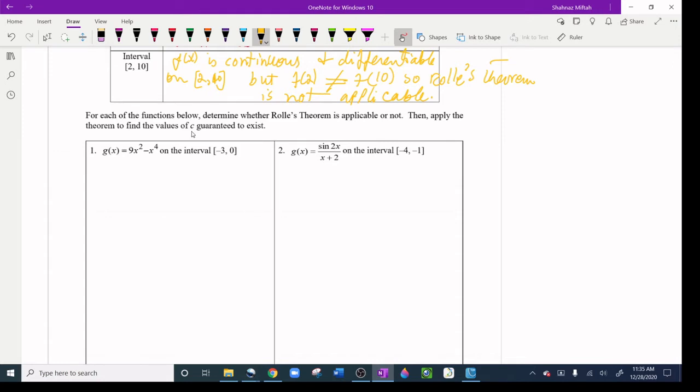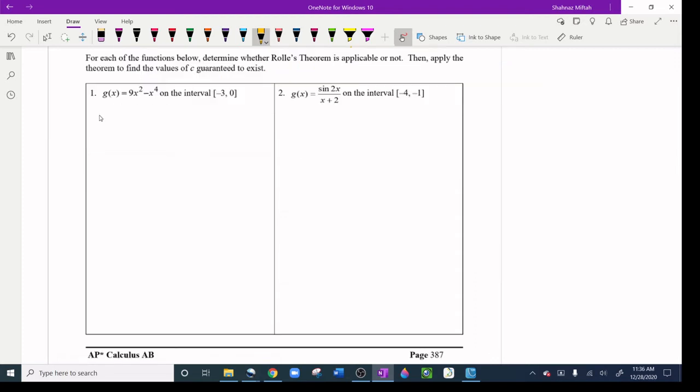So let's try that. I know -3 to 0, this is my polynomial function. And we're going to see if, every time, a polynomial is continuous, so it is continuous on -3 and 0. And one more thing, if you remember from the past one, if the function is differentiable, then it must be continuous.